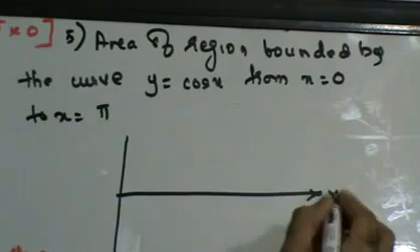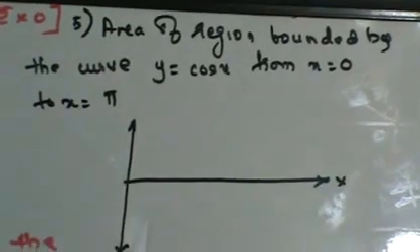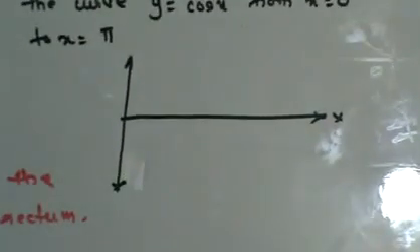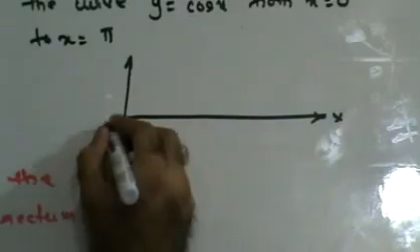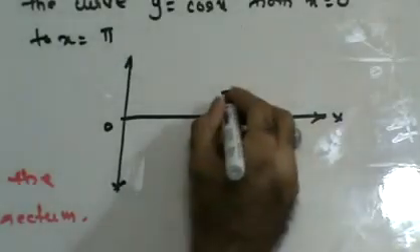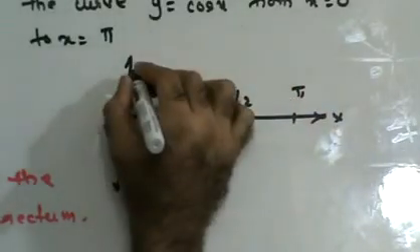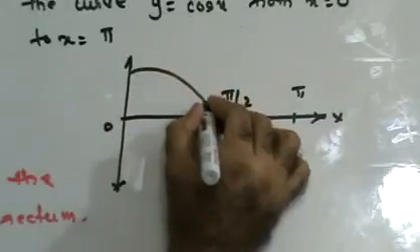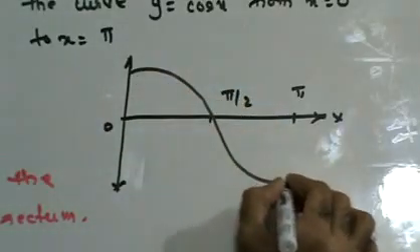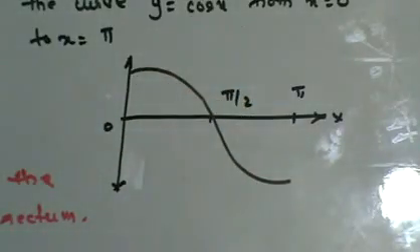This is your x-axis, y-axis. Now it's a cos curve. For a cos curve, when the angle is 0, your amplitude will be maximum. This is 0, pi by 2 and pi. So your curve is going to be something like this. This is how a cos curve looks. The sine curve starts from 0, the cos curve starts from maximum amplitude, right?